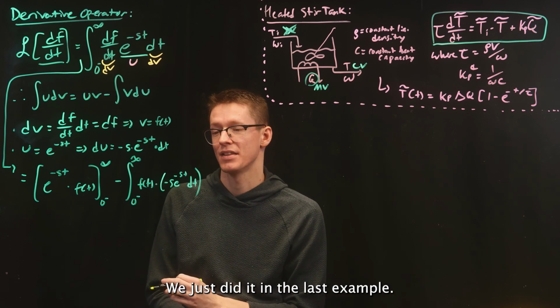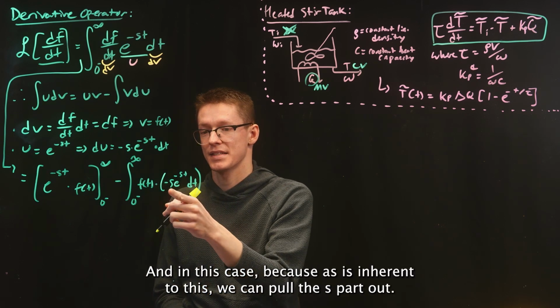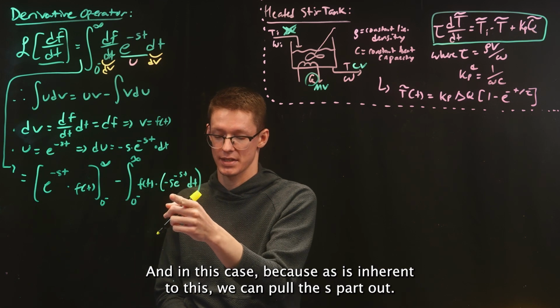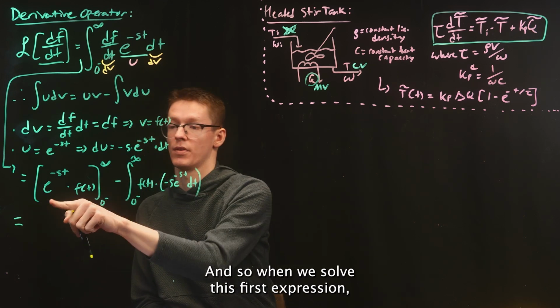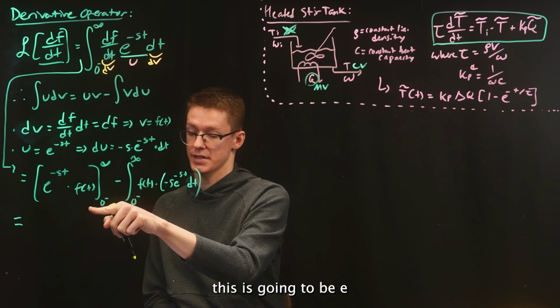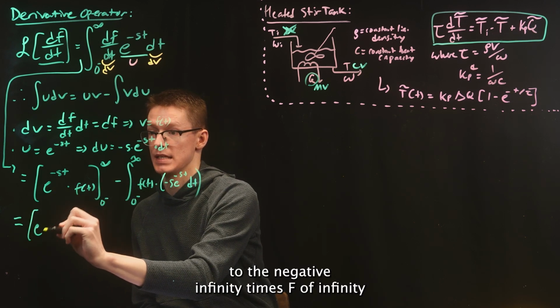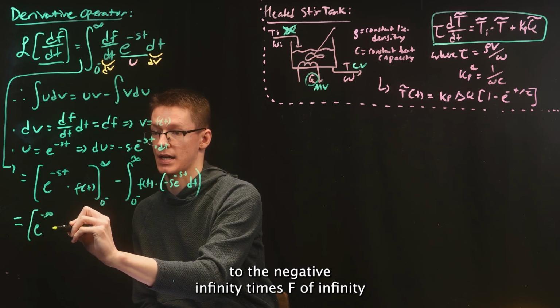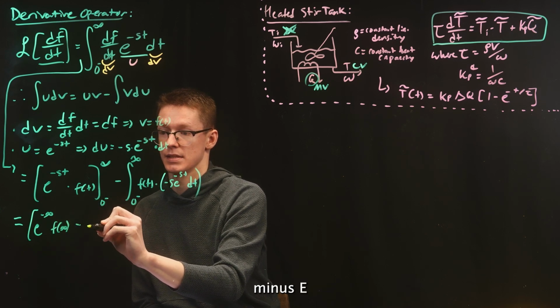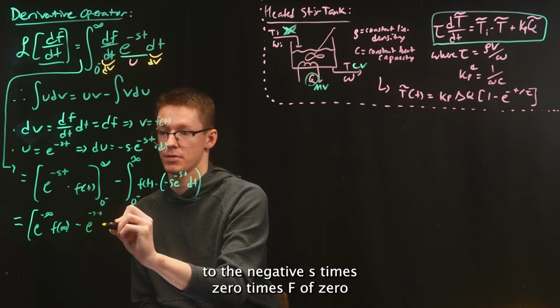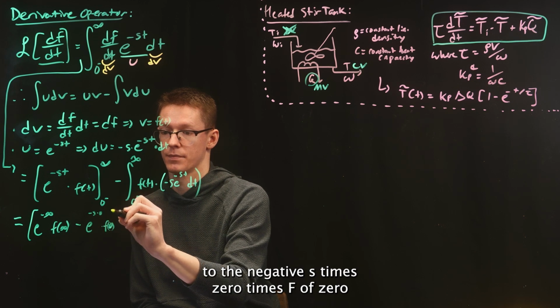We just did it in the last example, and in this case, because s is inherent to this, we can pull the s part out. And so when we solve this first expression, this is going to be e to the negative infinity times f of infinity, minus e to the negative s times 0 times f of 0.